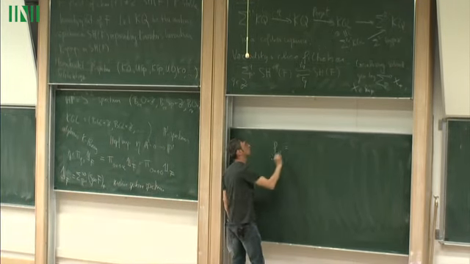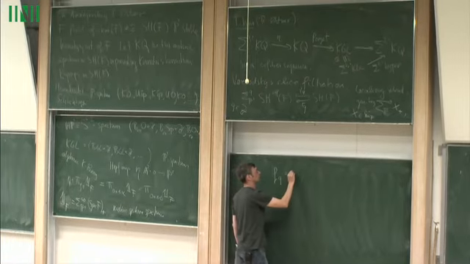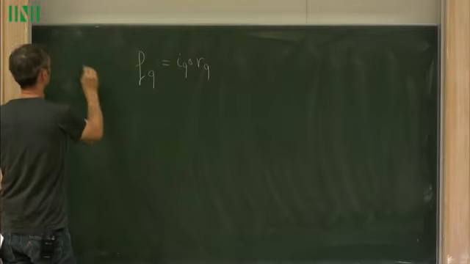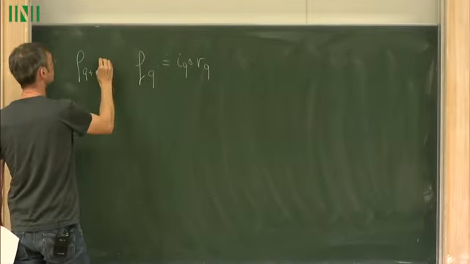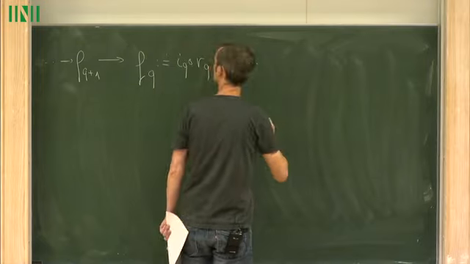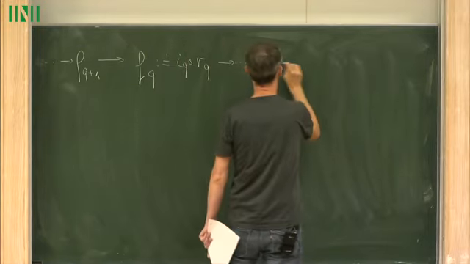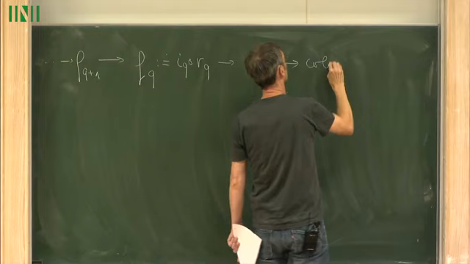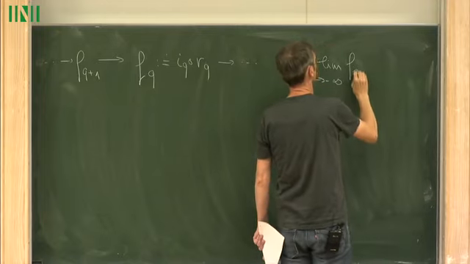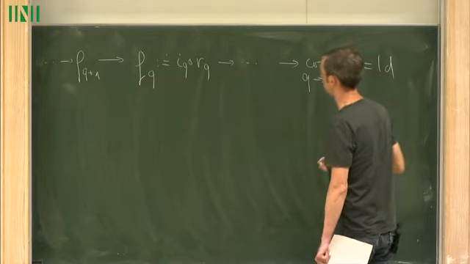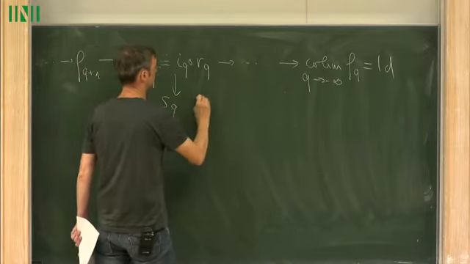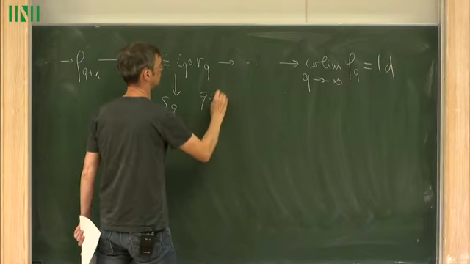So f_q is defined as i_q composed with r_q, and we have f_{q+1}, and this continues infinitely in both directions, but if we take the colimit as q goes to minus infinity of this f_q, we actually get the identity, and the co-fiber of this here is the qth slice.